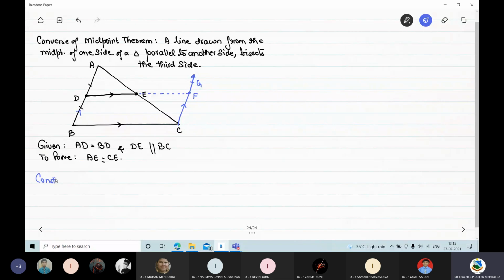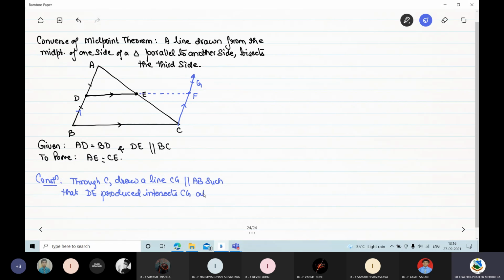Again, as per the construction, through C draw a line CG parallel to AB such that DE produced intersects CG at point F.